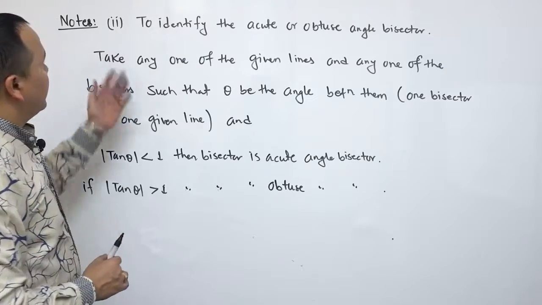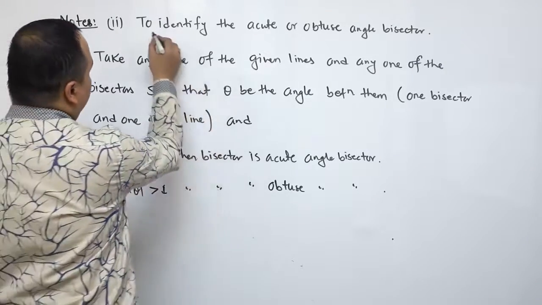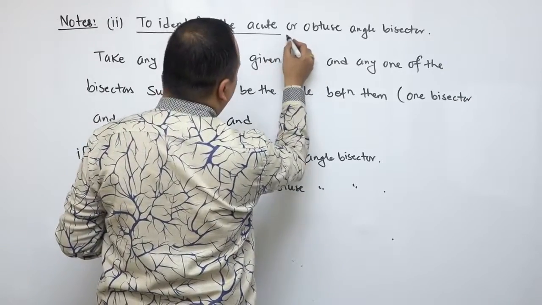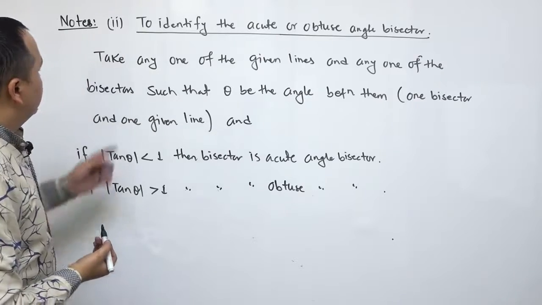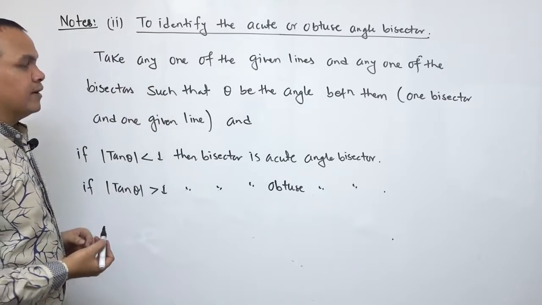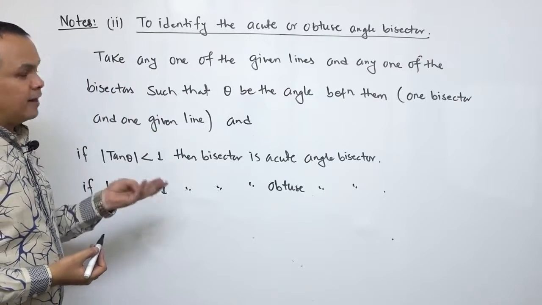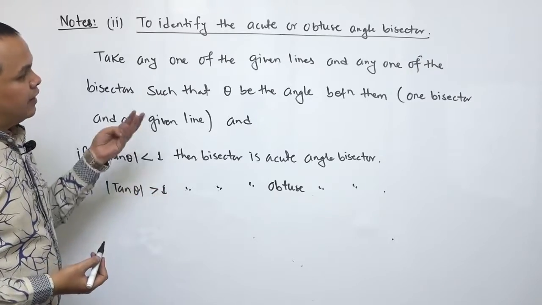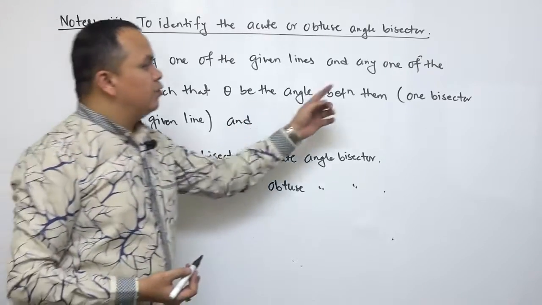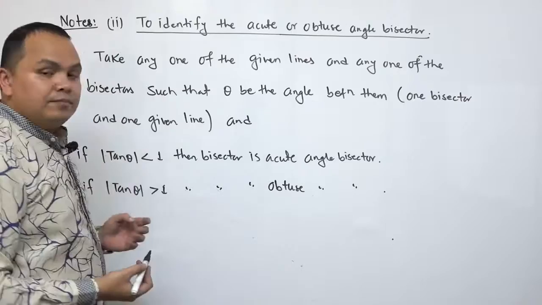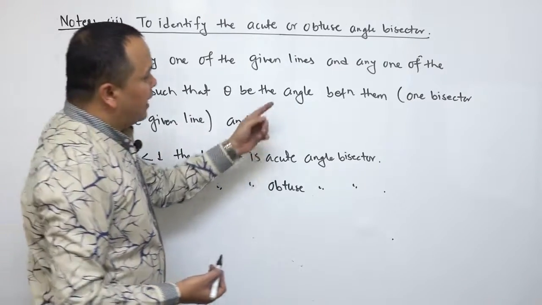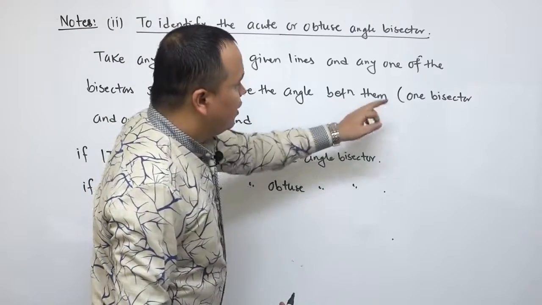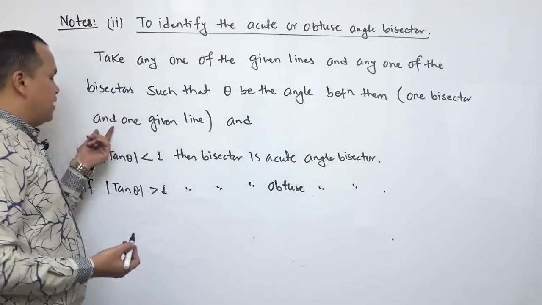Another note, note II, to identify the acute or obtuse angle bisectors. Take any one of the given lines, either L1 or L2, and any one of the bisectors B1 or B2, such that theta is the angle between them, that is, one bisector and one given line.